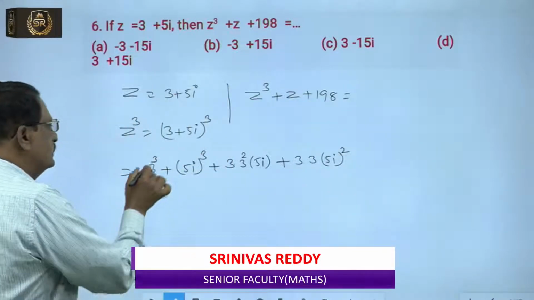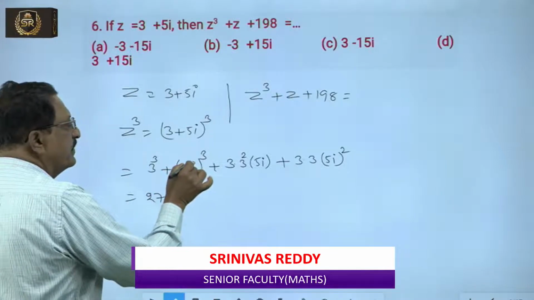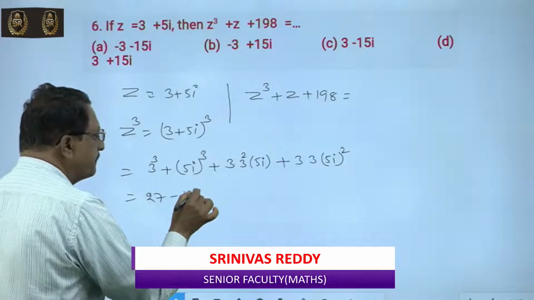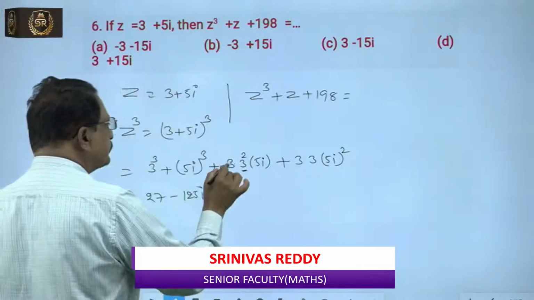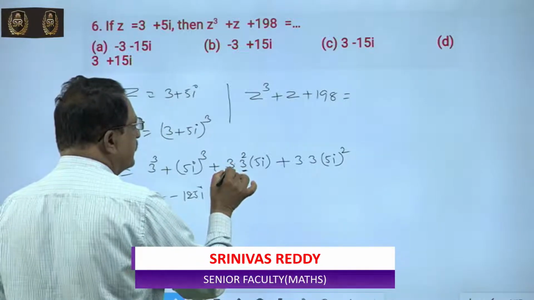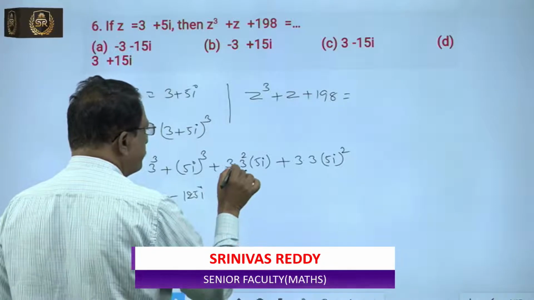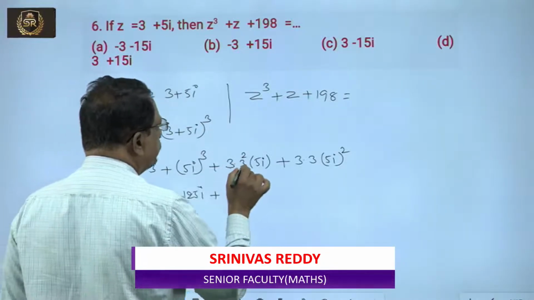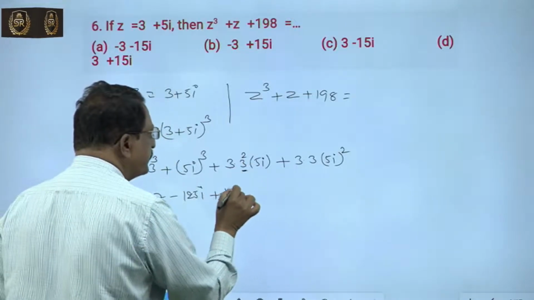That equals 3 cube is 27, 5 cube is 125, i cube equals minus i, so minus 125i. Next, 3 square is 9, into 3 is 27, into 5, plus 135i.